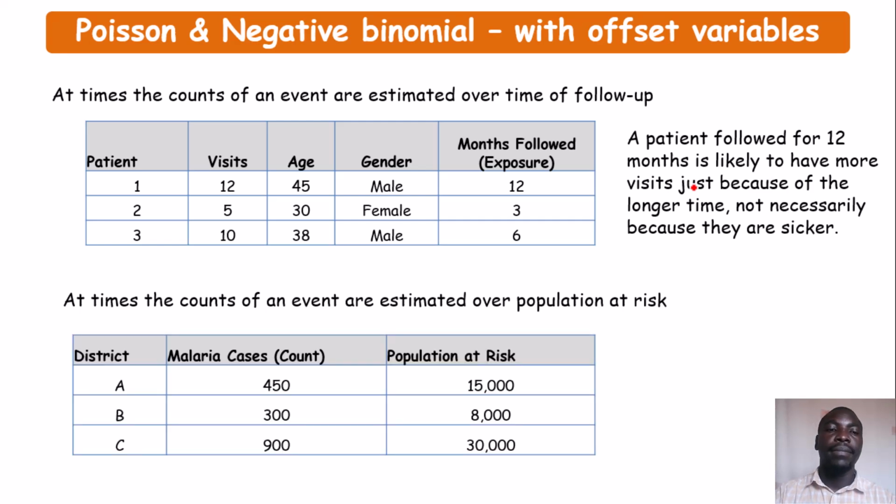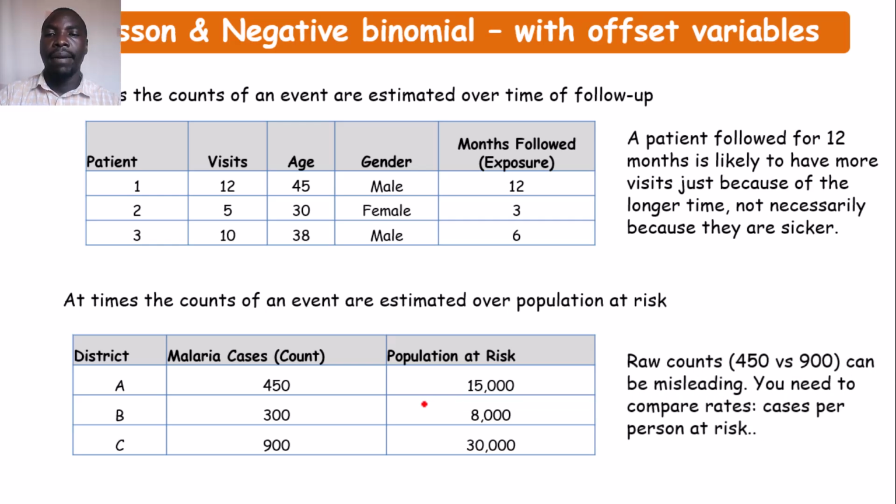For example, we are looking at malaria cases in 3 districts, District A, B, and C. If someone used raw counts, comparing District A with District C, saying maybe District C has double the cases of District A, without considering the population in each district, that would be misleading.